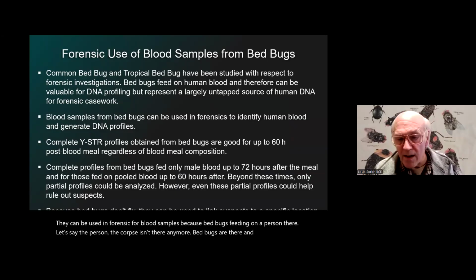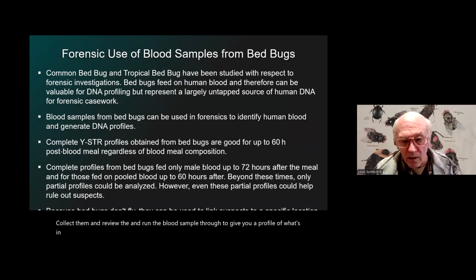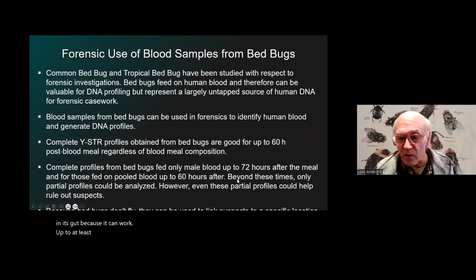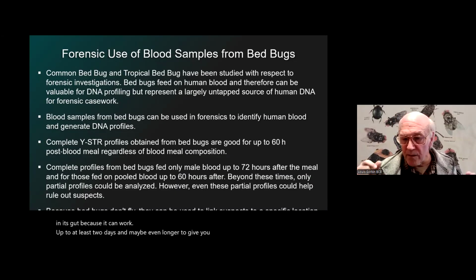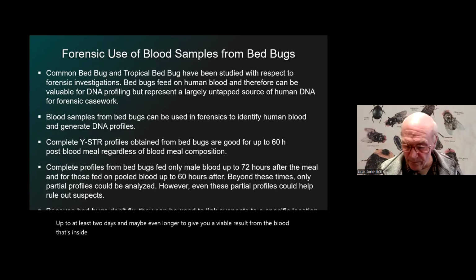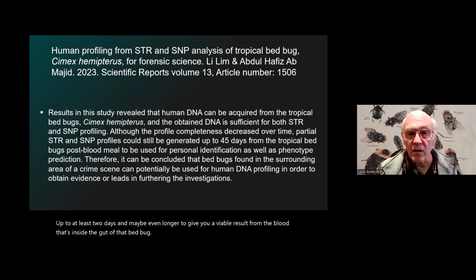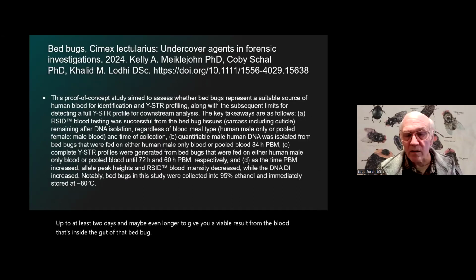Collect them and run the blood sample through to give you a profile of what's in its gut. Because it can work up to at least 2 days and maybe even longer to give you a viable result from the blood that's inside the gut of that bed bug. And there were some papers here on it.